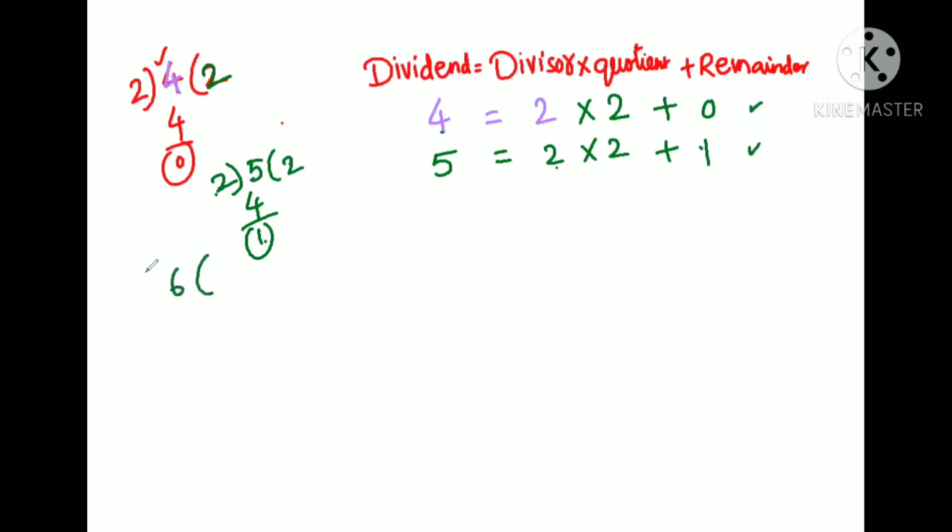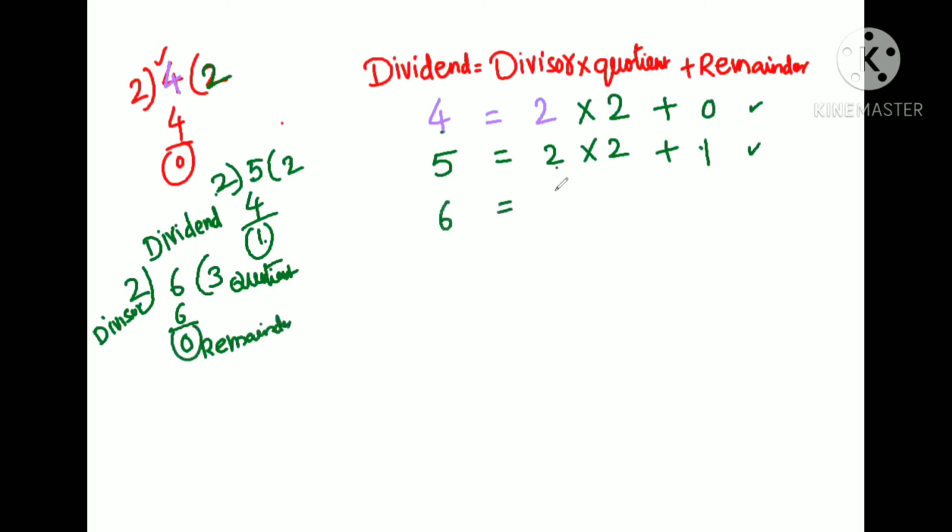6 divided by 2: 2 threes are 6. The number which is being divided is called the dividend, the divisor is the one which divides, 3 is the quotient, and here there is no remainder. So 6 is equal to 2 into 3 plus 0.